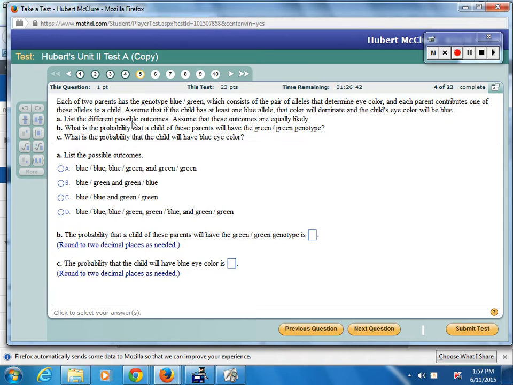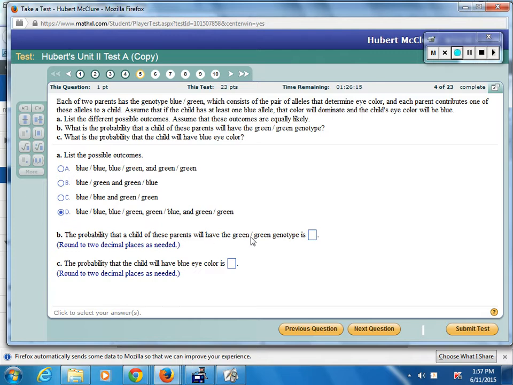List the different outcomes. Assume that these outcomes are equally likely. Well, I don't know which one it is, but let's think. How many children? 2 parents. Each of 2 parents has a genotype. Okay, so the child could come out blue-blue, blue-green, green-green, green-blue. So that would be D.